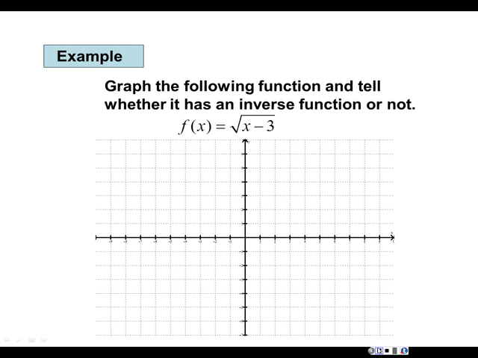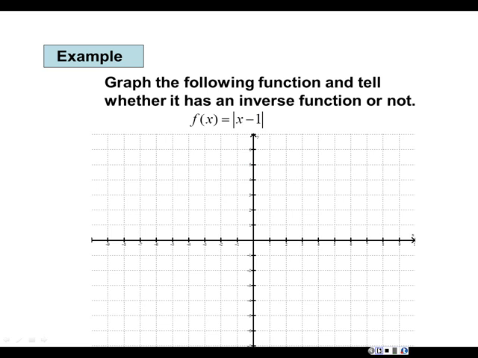How about this one? This is an absolute value function. How should the graph look? V. Okay, now there is a vertical shift and a horizontal shift, we know that. But just from the V, what happens when you draw a horizontal line? Definitely it will have 2 intersections.